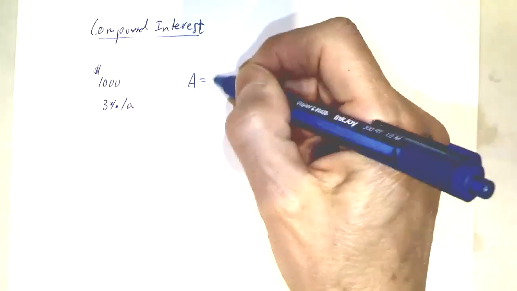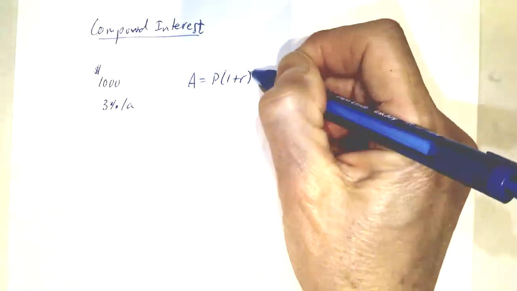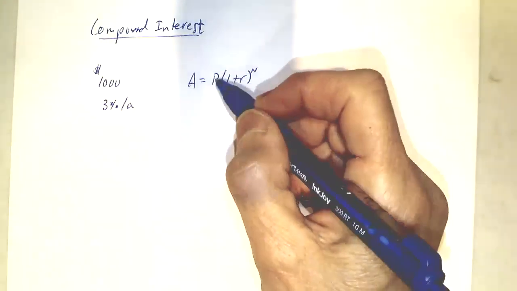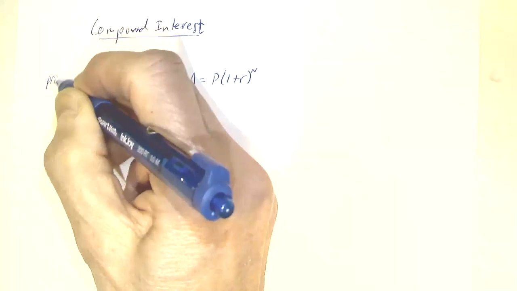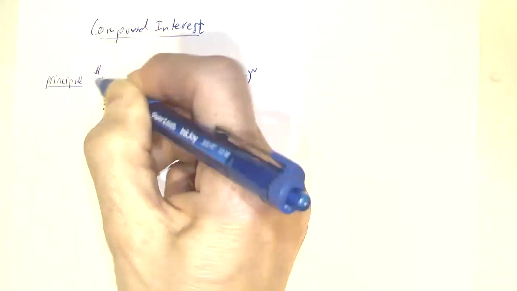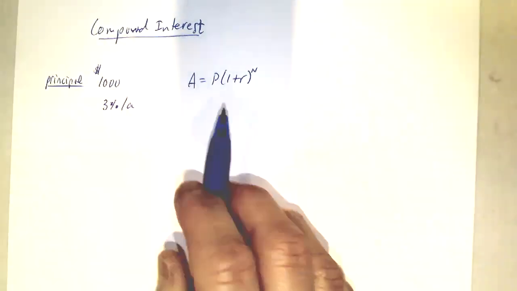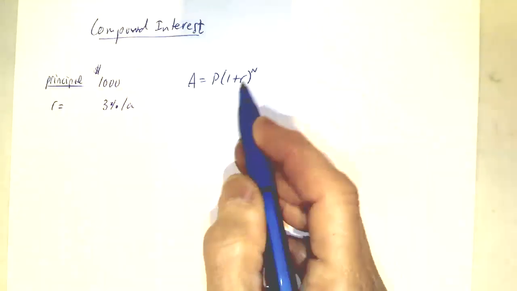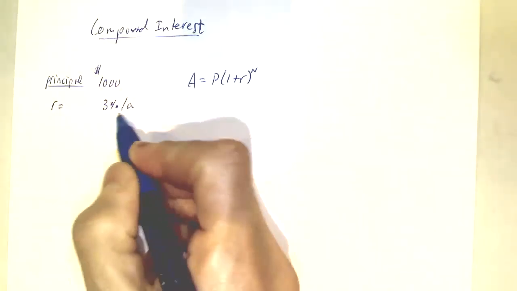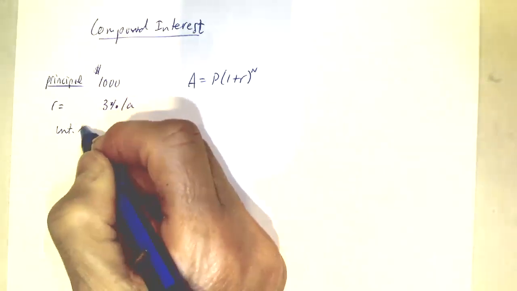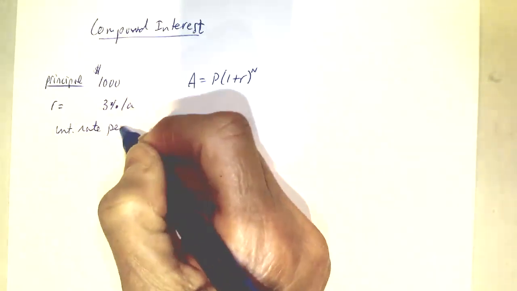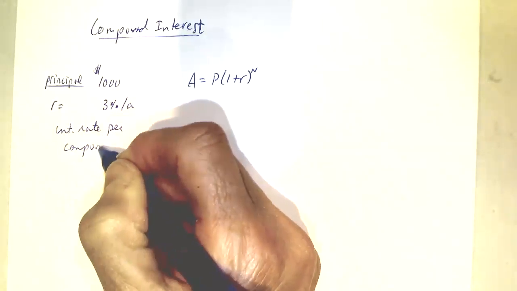But there's a terrific little formula that calculates how much money you would have at the end of the year. The principal is the amount that you originally invest. And we said, let's invest $1,000. R represents the interest rate, but it has to be expressed as a decimal, and it's the interest rate per compounding period.